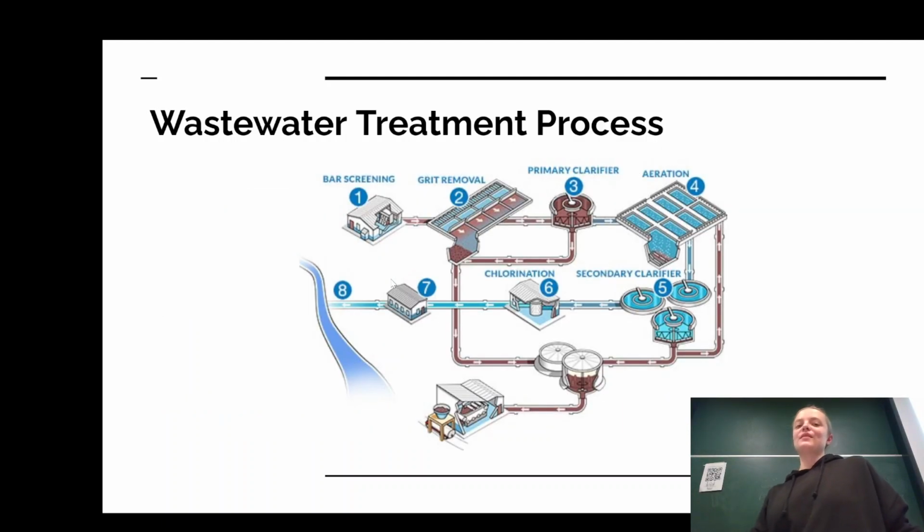Alright. So we're going to talk a little bit about wastewater treatment processes. You start off with screening, grit removal, then move into a primary clarifier, aeration, secondary clarifier, chlorination, and then you take out the biosolids and remove this effluent water and put it into streams and rivers.